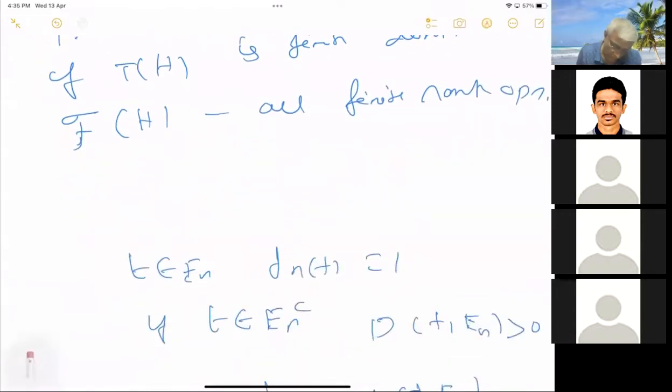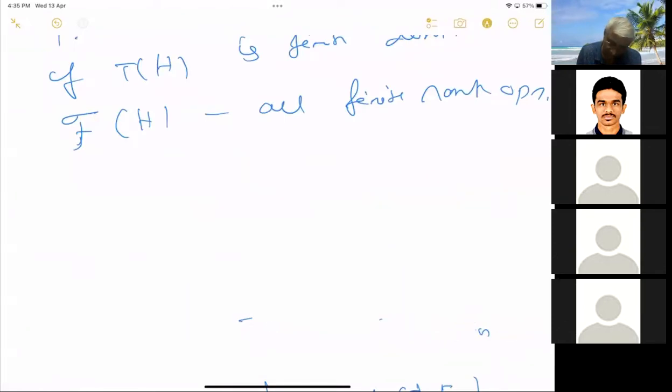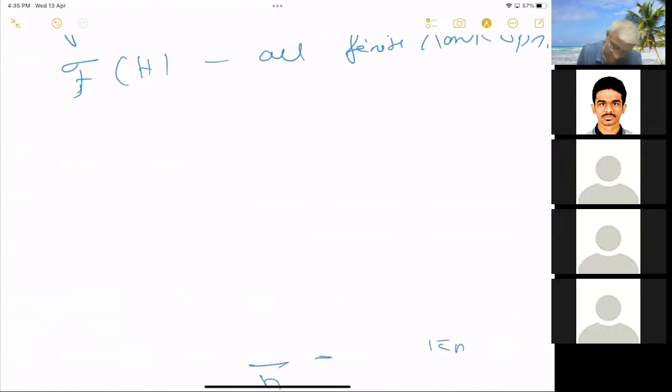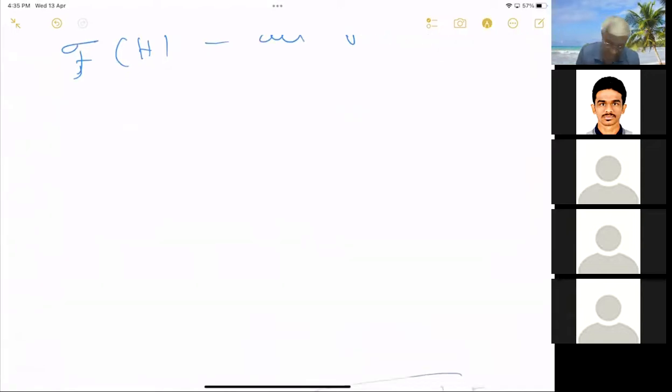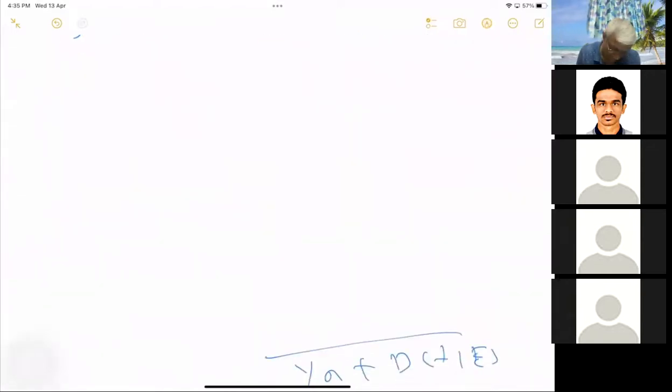So if we have one finite rank operator and you multiply it with any operator, it's again finite rank. Multiplying on the left or right doesn't matter. It's finite rank.